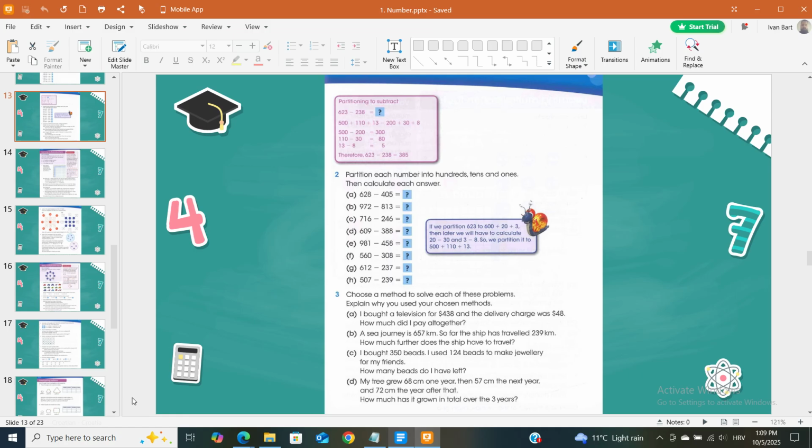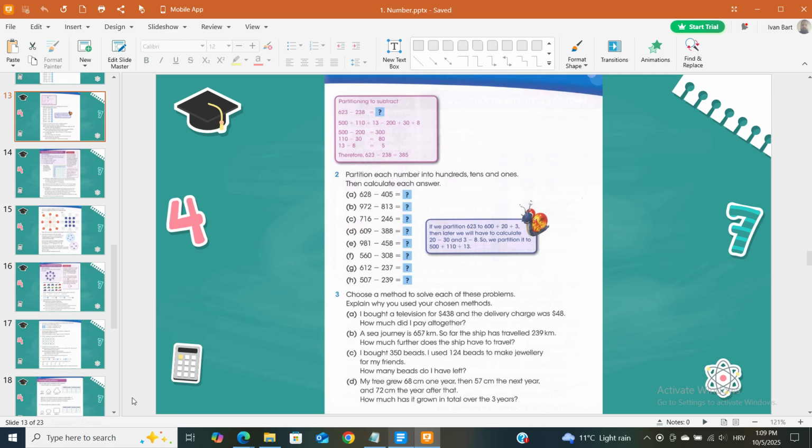E. 981 take away 458 equals? F. 560 take away 308 equals? G. 612 take away 237 equals? H. 507 take away 239?